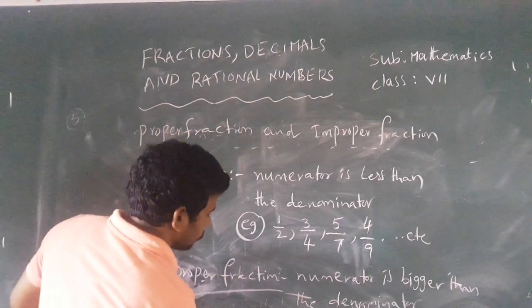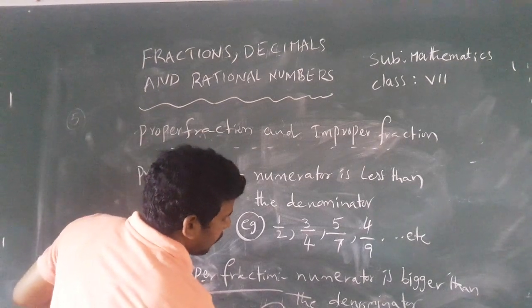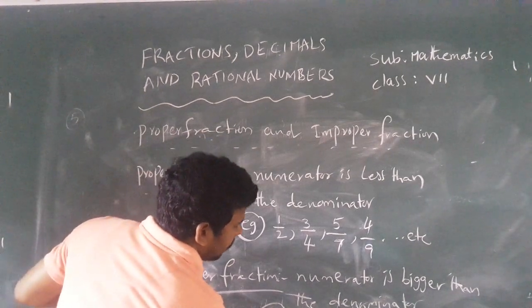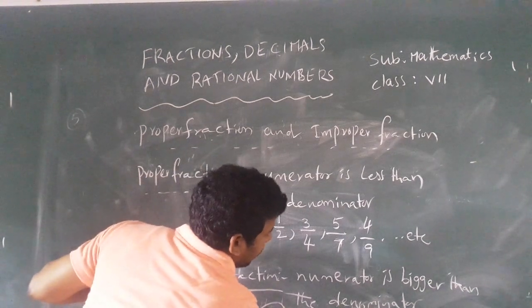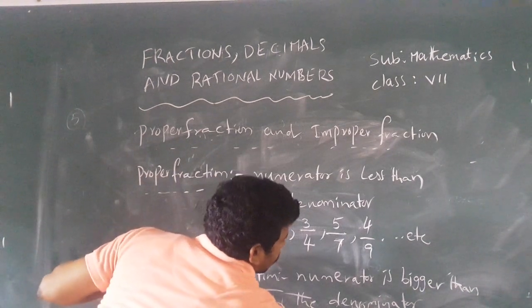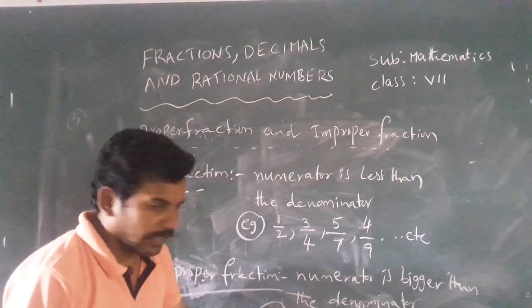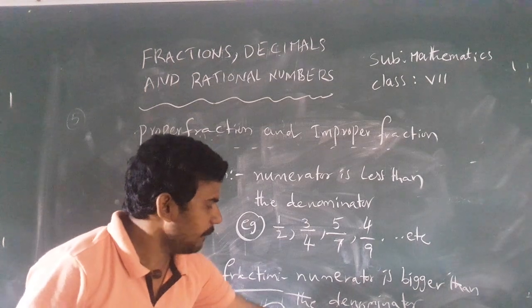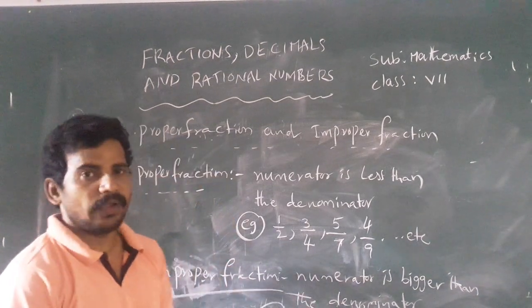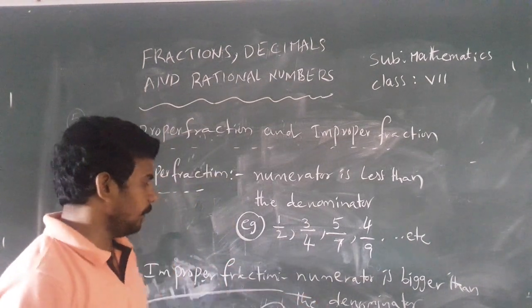Now examples: 3 by 2, 7 by 4, 5 by 3, 4 by 2, and so on. See children, these are improper fractions.